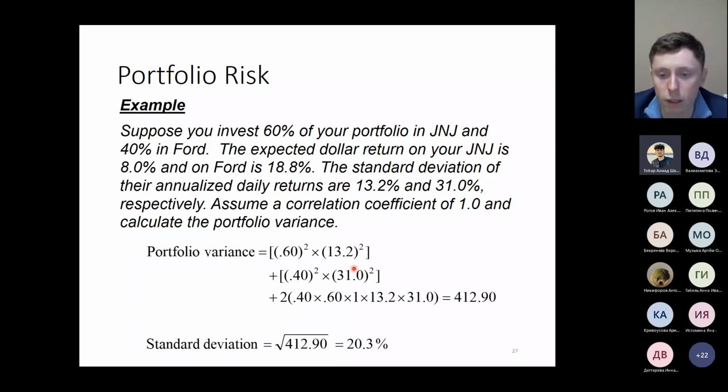The risk would just be the weighted average of the risk of the assets within the portfolio. But fortunately, there are not many assets out there that are perfectly correlated. Most of the assets are not perfectly correlated, and many of them have very little correlation, and sometimes they even have negative correlation. And this is where the effect of diversification is coming from.